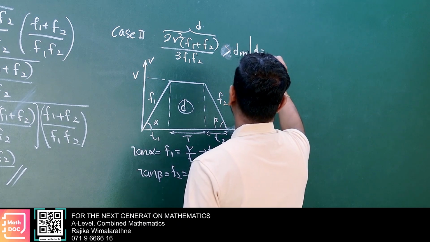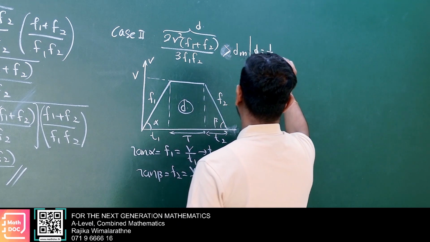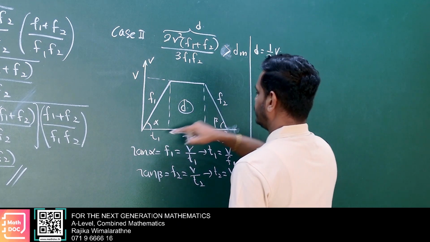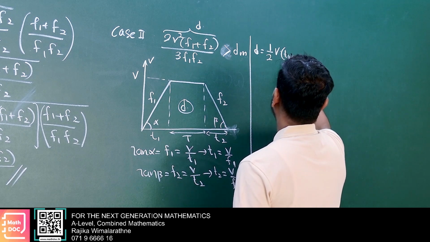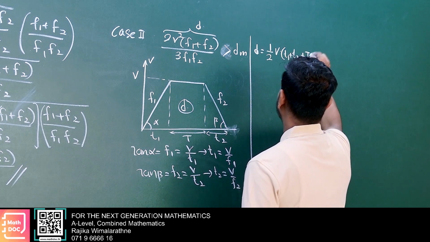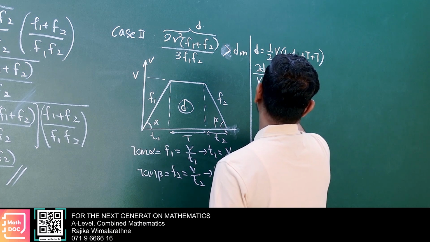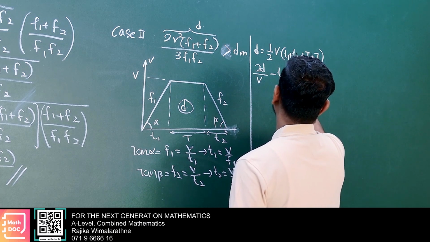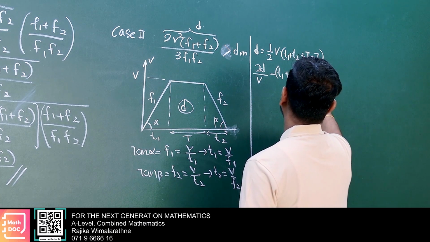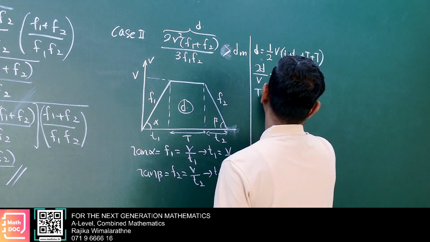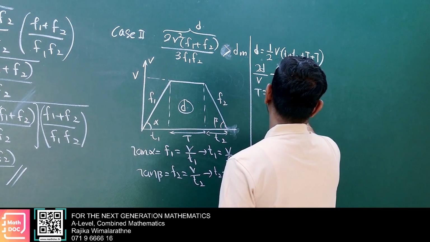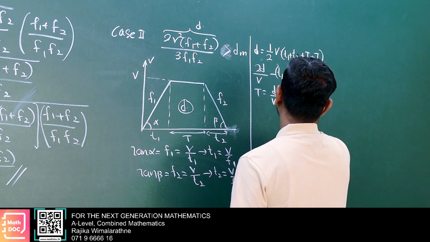Now d equals half into trapezium area, v into (T1 plus T2 plus capital T plus T). So 2d over v minus (T1 plus T2) equals capital T. That is d over v minus (T1 plus T2) over 2.